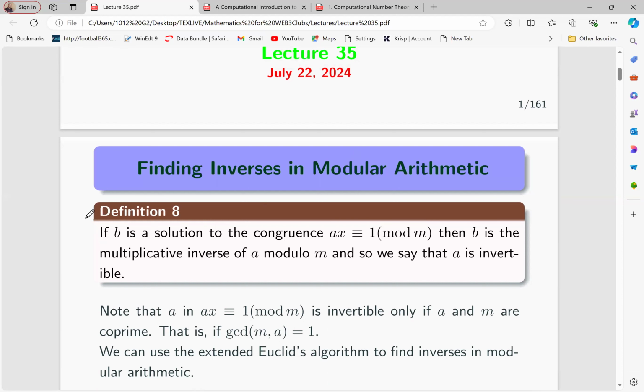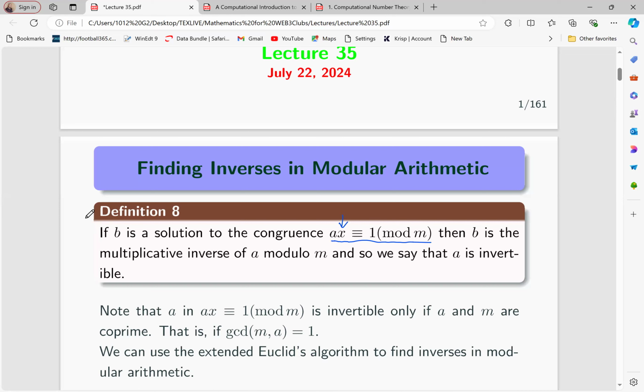Now, supposing we have this equation, ax equals 1 mod m. What is x? Supposing x is b, then what this equation is saying is that x times a gives us 1. So that means x is the inverse of a.